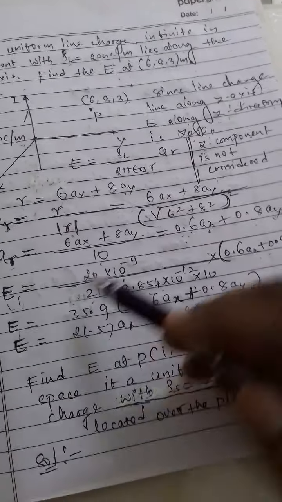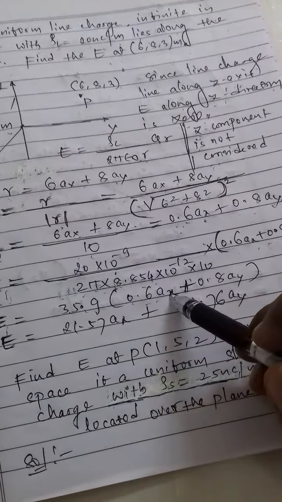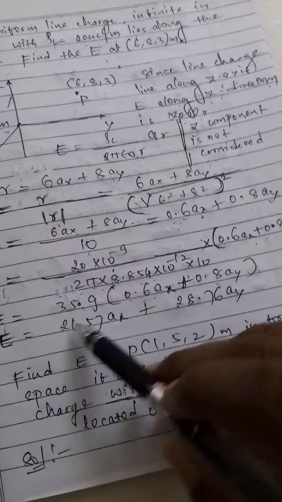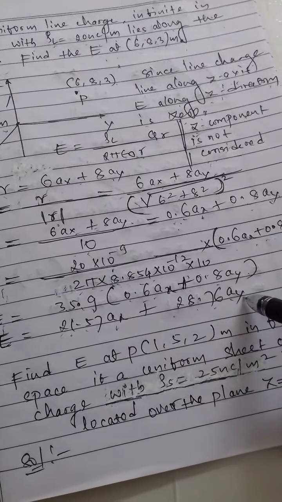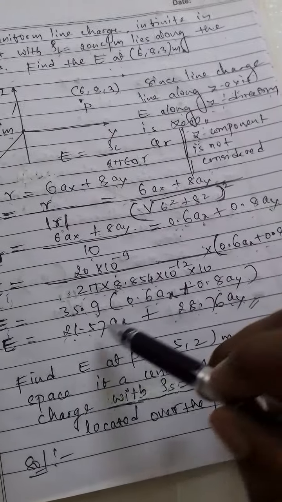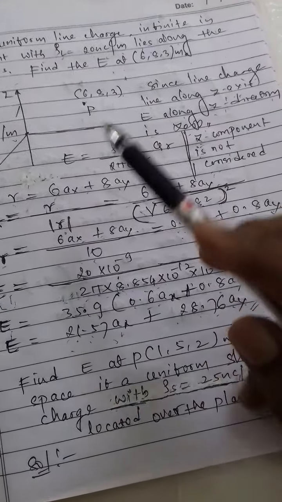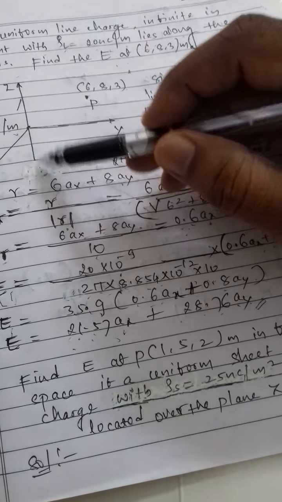The electric field intensity E is equal to 35.9 into bracket of 0.6ax plus 0.8ay, which is equal to 21.57 ax plus 28.76 ay. That is the electric field intensity at point P due to an infinite line charge distributed along the z-axis.